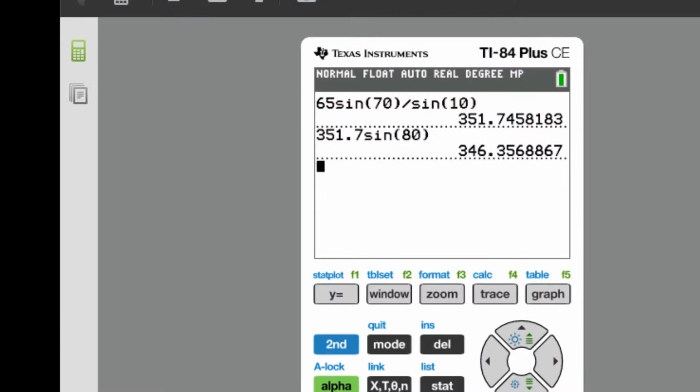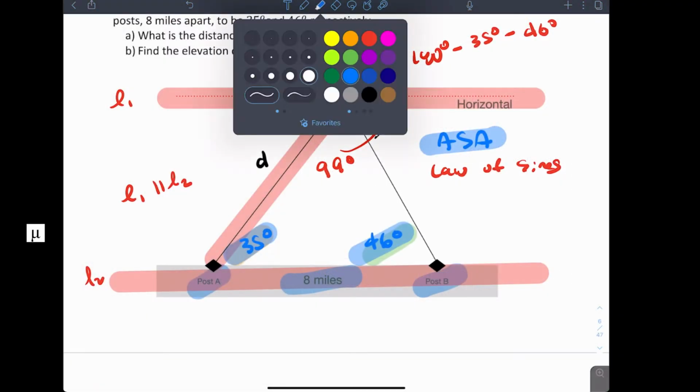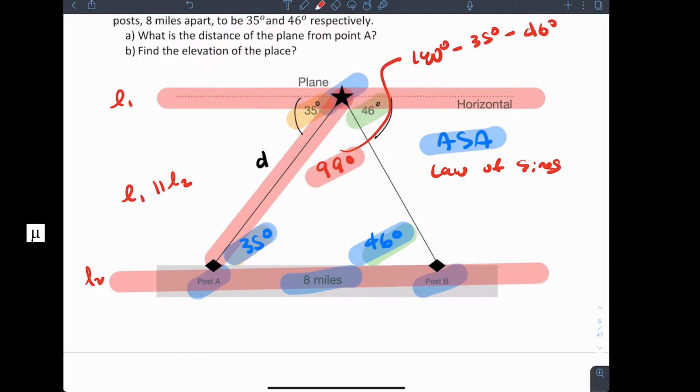So in the calculator, we say what? 180 minus what? 35 minus 46. And that is 99 degrees. Okay? So we found that angle. Remember, this is how we start solving a triangle for law of sines here. Easy breezy, lemon squeezy.